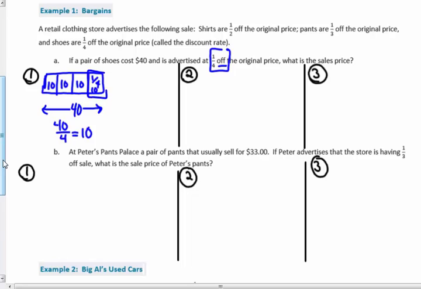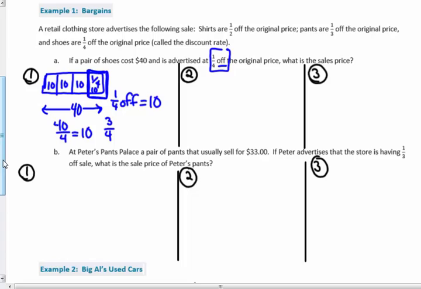I'm going to take this off the price of the $40 shoes. So 1/4 off is $10. Because if 4 parts has to equal 40, 1 part has to equal 10, I'm going to take one of those away. That's the $10 that I'm going to save. You are paying 3/4 of the price.